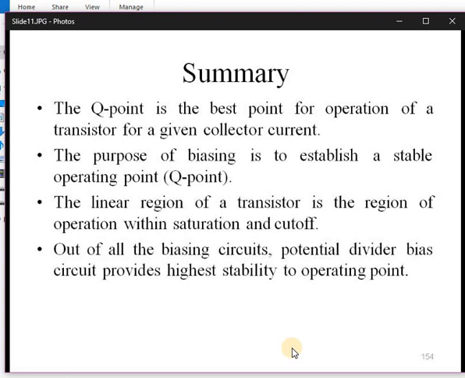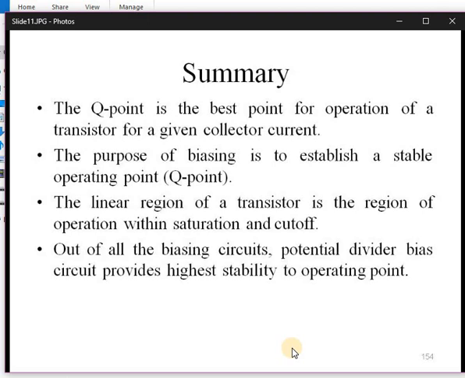Okay, so among the four biasing circuits, the potential divider biasing circuit is used in linear circuits. That means it will be operated in the linear region of a transistor, so the region of operation is within saturation and cutoff. That's why the stability factor is low and the operating point is stable in the linear region of a transistor.